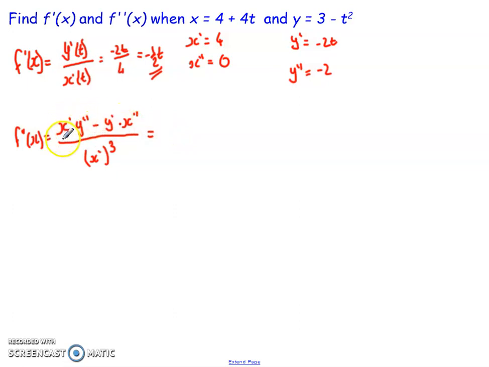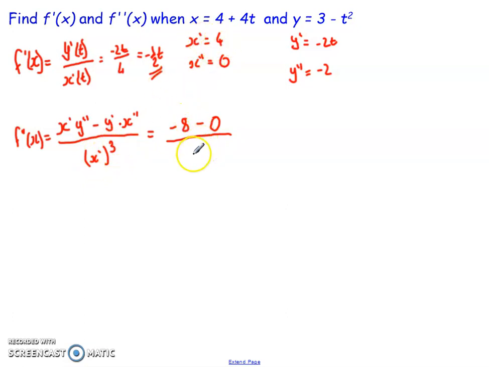So first derivative of x times the second derivative of y, that's 4 times negative 2, so that gives me negative 8. Take away first derivative of y, negative 2t, times second derivative of x, 0. So that's going to be take away 0. And that's then all going to be over first derivative of x cubed.